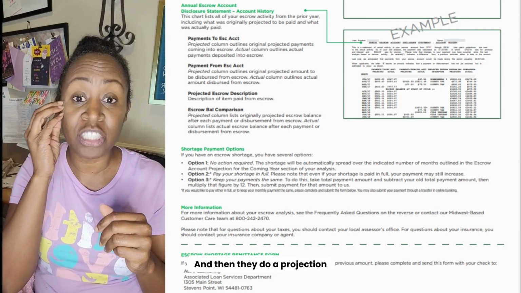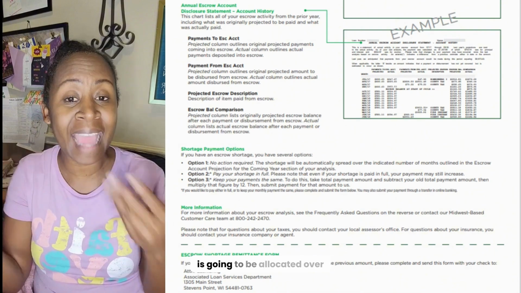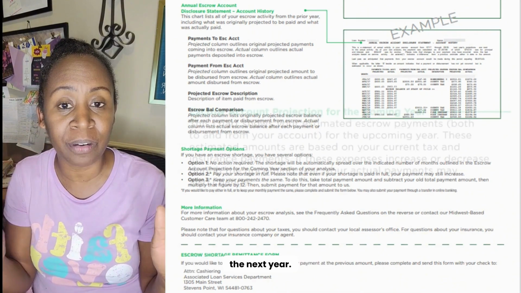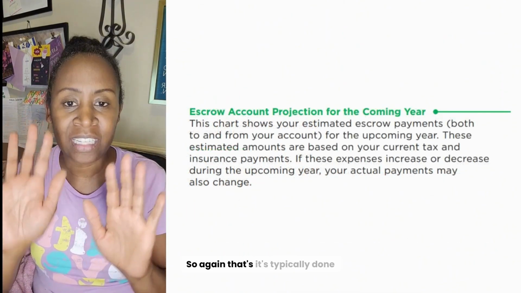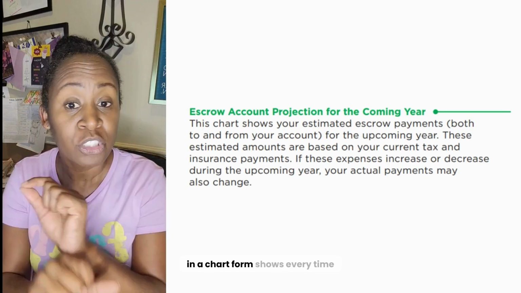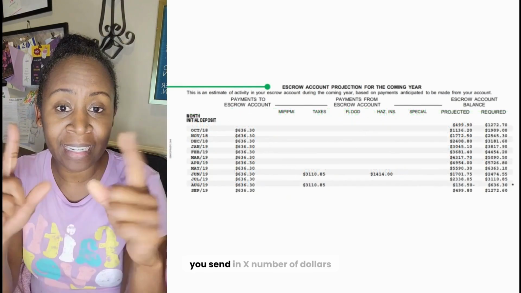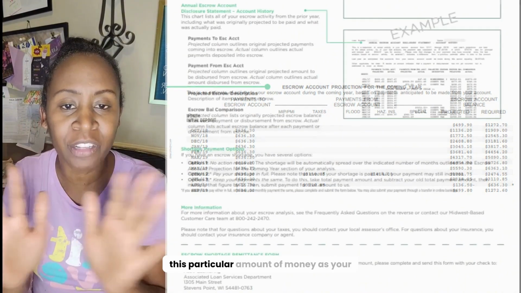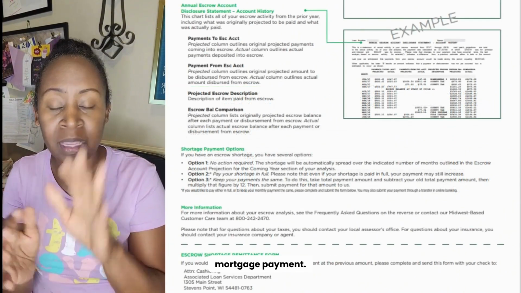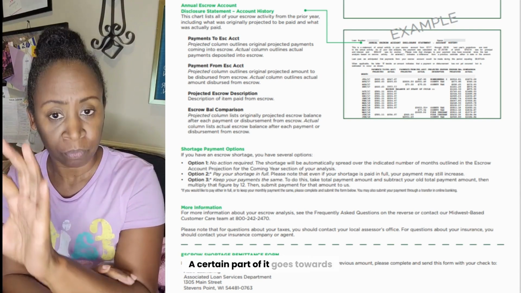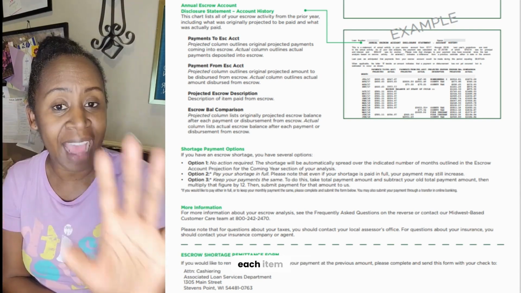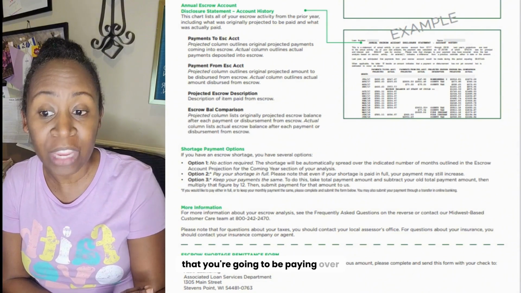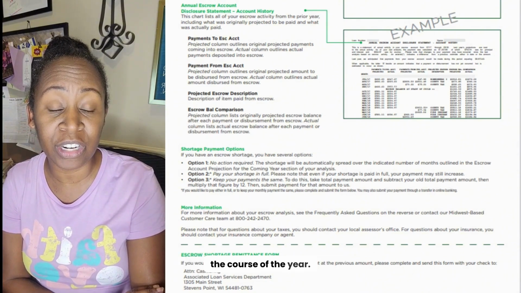And then they do a projection of how that payment is going to be allocated over the next year. Again, it's typically done in chart form. You send in a particular amount of money as your mortgage payment, and a certain part of it goes towards each item that you're going to be paying over the course of the year.